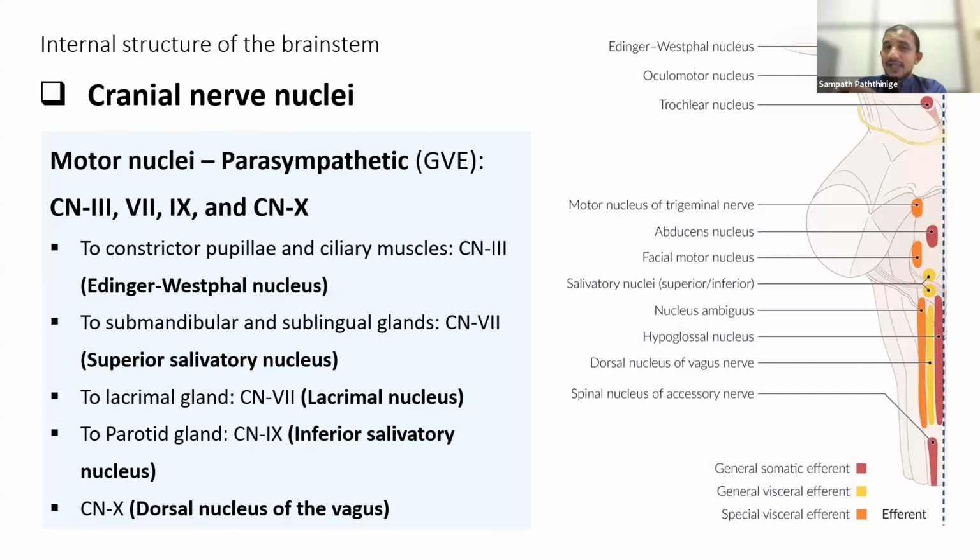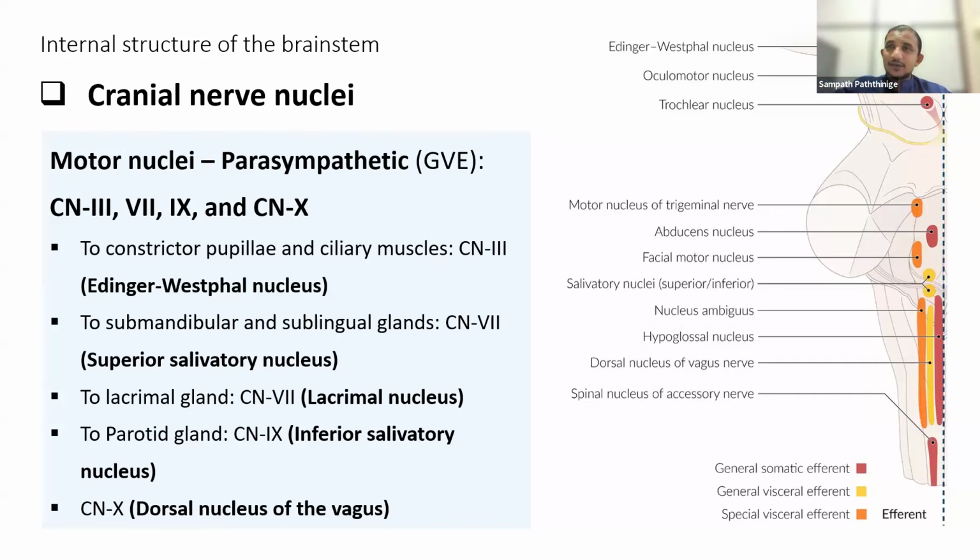The sublingual and submandibular glands are supplied by the facial nerve. The facial nerve also supplies the lacrimal gland, the glands in the nasal cavity, and the palate. The parotid gland receives parasympathetic innervation from the glossopharyngeal nerve, and the vagus nerve gives parasympathetic innervation to the cardiorespiratory structures as well as the GI tract, right up to the end of the midgut, not the hindgut.